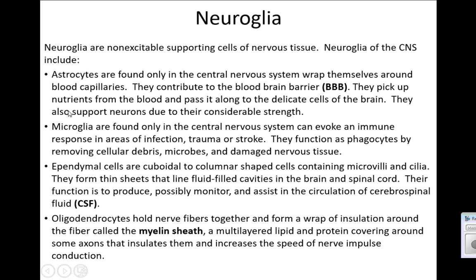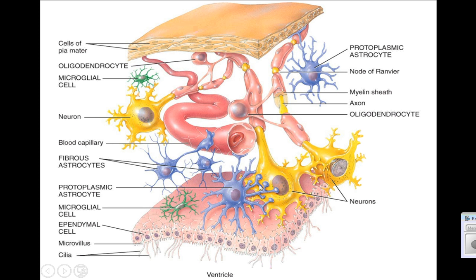Okay. They prevent toxic stuff, some drugs and that kind of stuff, from leaving the blood and entering into our brain and spinal cord, which would inhibit nerve signaling. Okay. Now you can see they actually will support neurons as well, so they have that kind of secondary function as well.